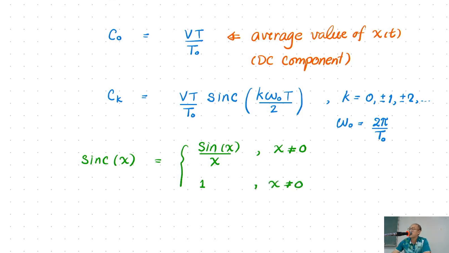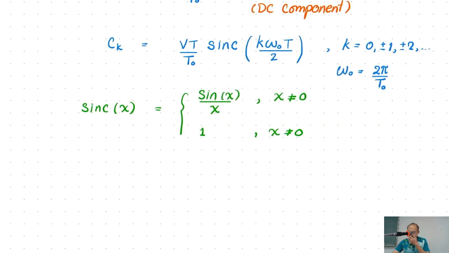This is the sinc function. The reason I bring it up is because we will see the sinc function a lot when we study Fourier transforms, especially in communication systems. So we should know something about it.